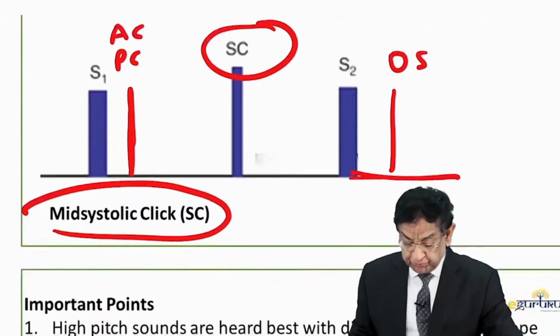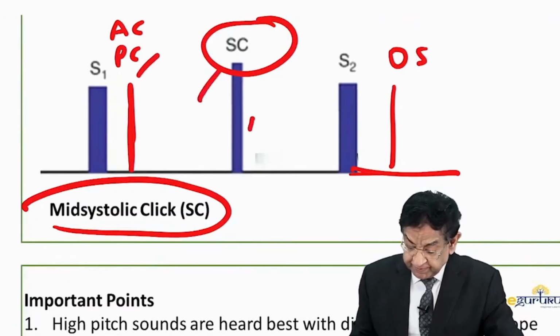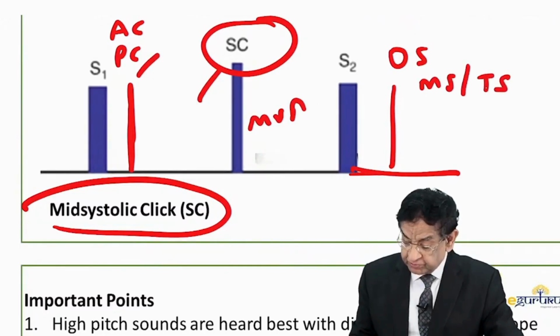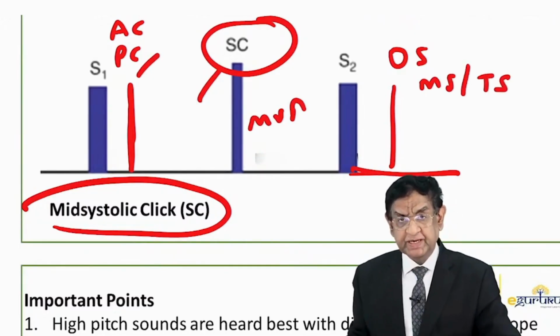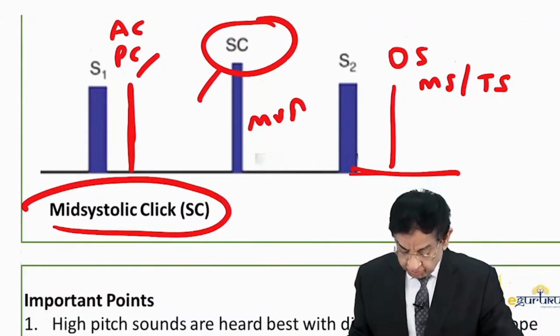So now you can beautifully locate: this is the mid-systolic click in MVP, and this we get in MS and TS. So friends, this is a beautiful summary of the entire clicks and snaps in just one go.